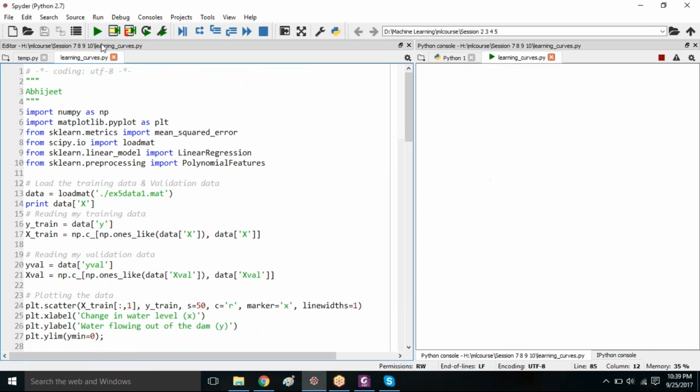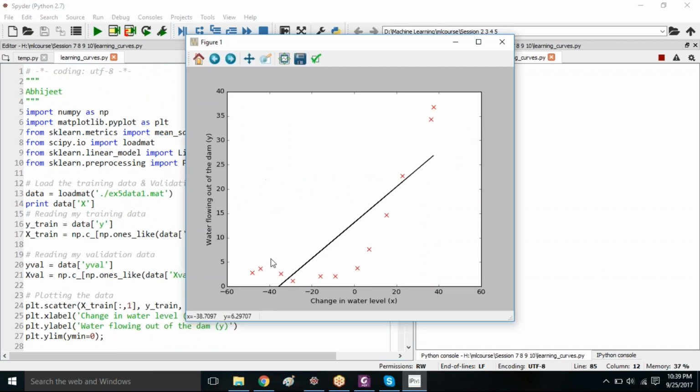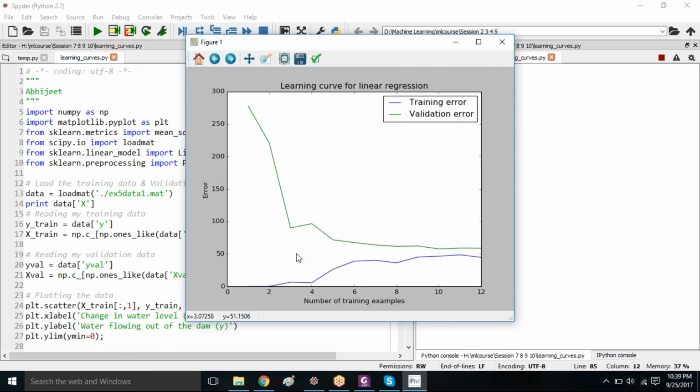In the same example which we have seen, on this training data when we were fitting a line, we had around 50 error, where my training error was increasing, and with 12 data points it has reached 50 and validation set also has reached 50.